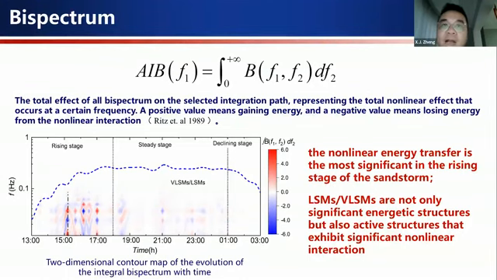Below the dashed line are the VLSMs or LSMs with streamwise length scale larger than 0.3 delta. It means that obvious peaks of the integral bispectrum are mostly concentrated in the low frequency region below the dashed line. The LSMs or VLSMs are not only significant energy structures, but also active structures that exhibit significant nonlinear interactions.